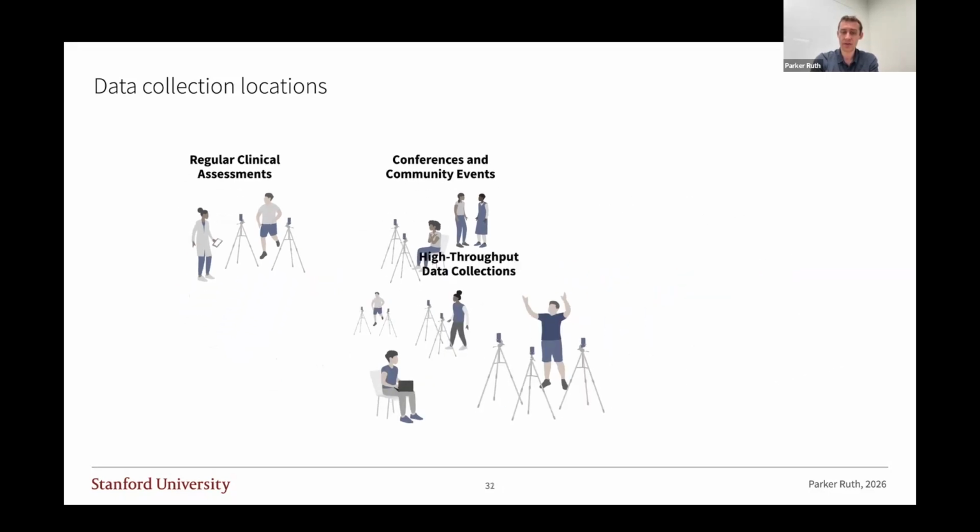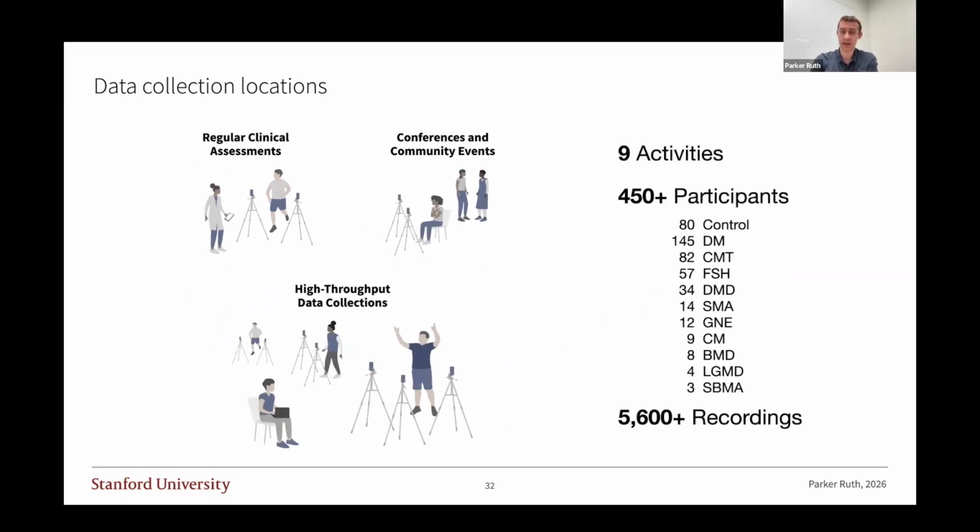And when we put all these 3 together, we've been able to collect a really large data set. So far, we have over 450 participants, many of whom have come back for longitudinal measurements, and that's given us well over 5,000 recordings of human movement. And for many of these diseases, these represent the largest existing biomechanics data sets for those diseases.